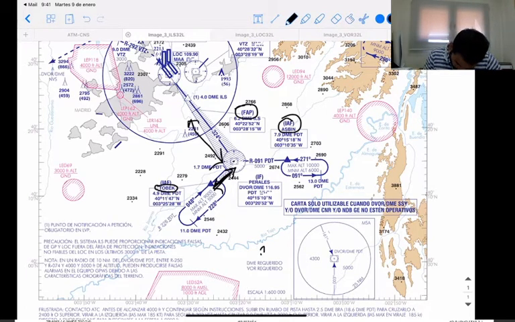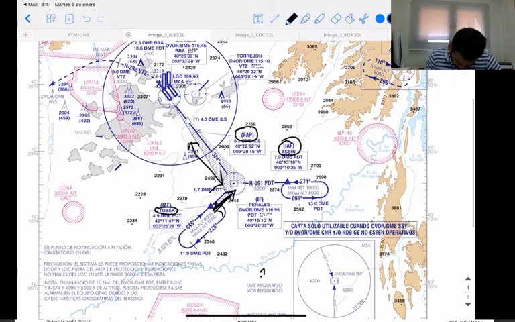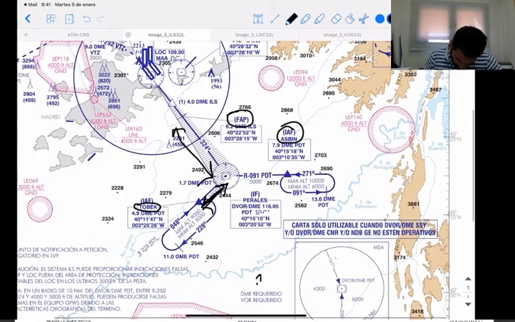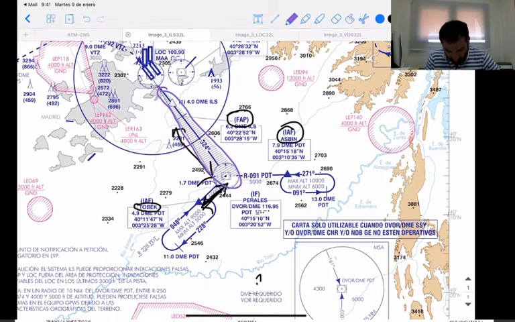What else do we have? You see this shadow in here. This shadow is giving you the lateral area in which you should be flying, following the localizer frequency that you should have tuned in your onboard aircraft.